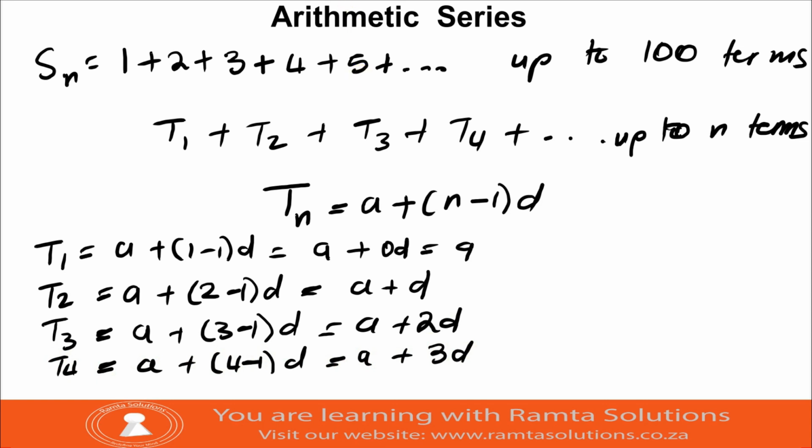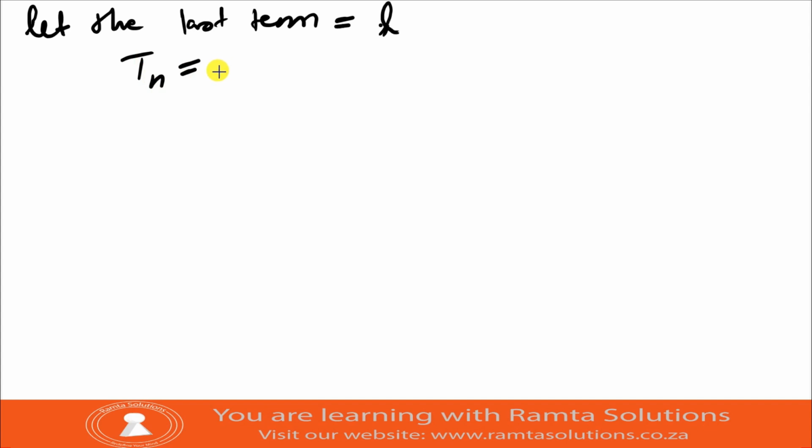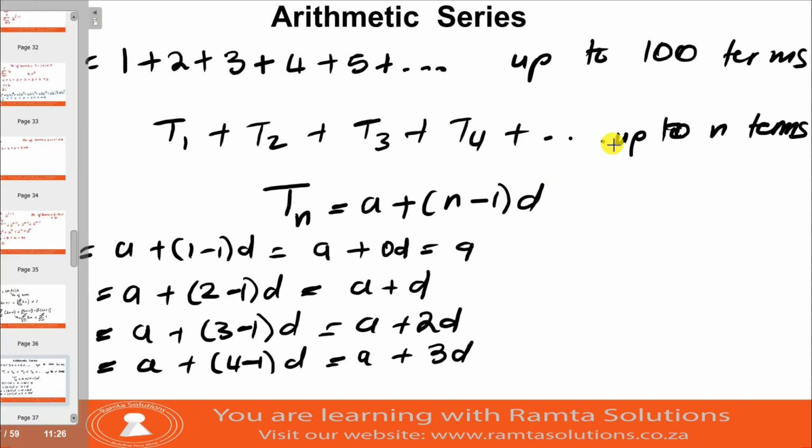Now let the last term be L. Obviously our last term would be Tn, which we will call L. So maybe here I can write it as plus Tn minus 2 plus Tn minus 1 plus Tn.